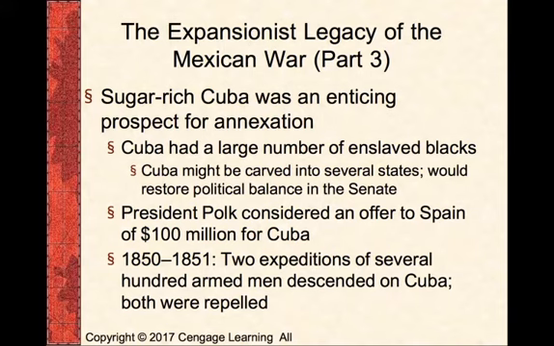President Polk, back during his time, considered even offering $100 million for Cuba to Spain. After he was out of office, in 1850 and 1851, there were 2 expeditions of several hundred armed men who went from the South onto Cuba. Both of the efforts were repelled, and 50 of the invaders were summarily shot or strangled by the Spaniards.